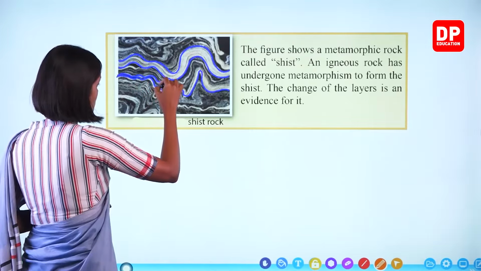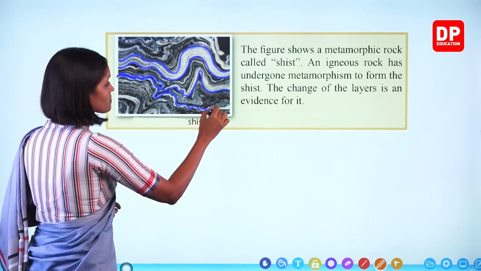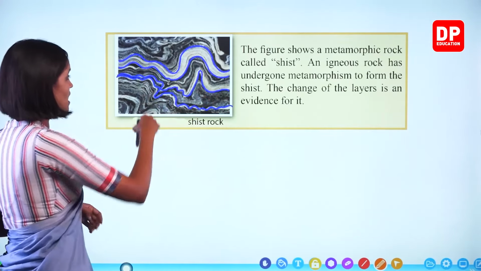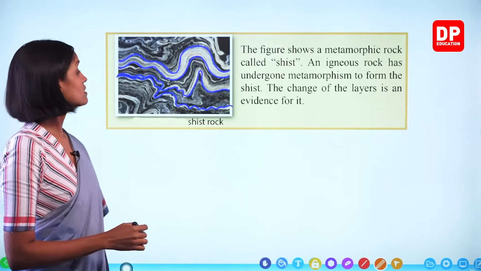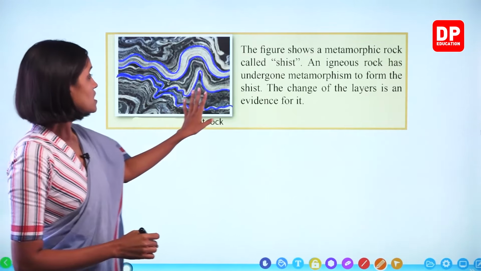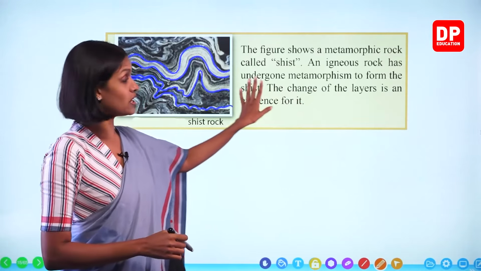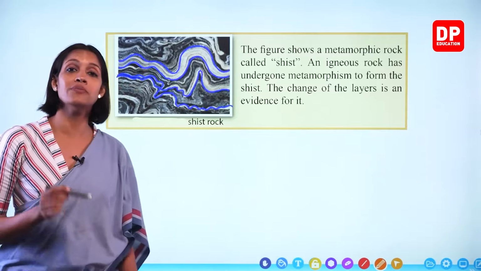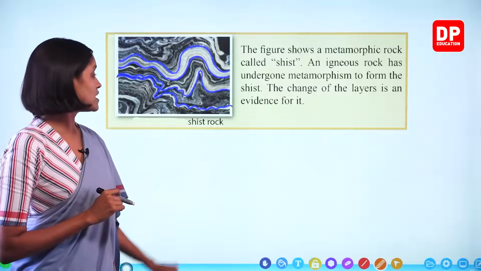Because of the changes that take place due to high temperature and pressure, these lines change and their formation changes like this. Right, children? The change of the layers is evidence of how they undergo changes because of temperature and pressure. Right, children? We'll move on to the next.